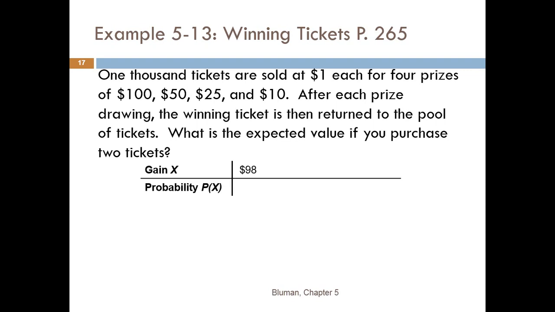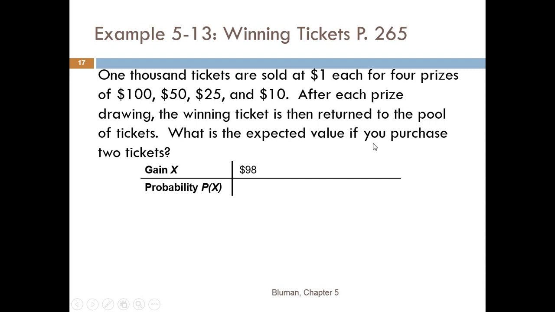Okay. So here we go. You can look at it 2 different ways. This is the first way you can look at it. Is how much do you gain? You're buying 2 tickets at $2 a piece. Okay? You could win $98, right?